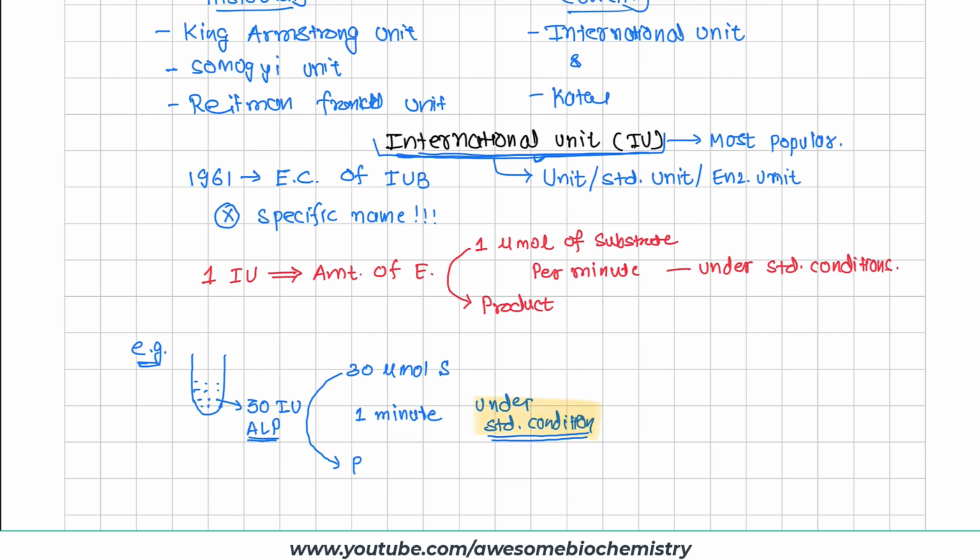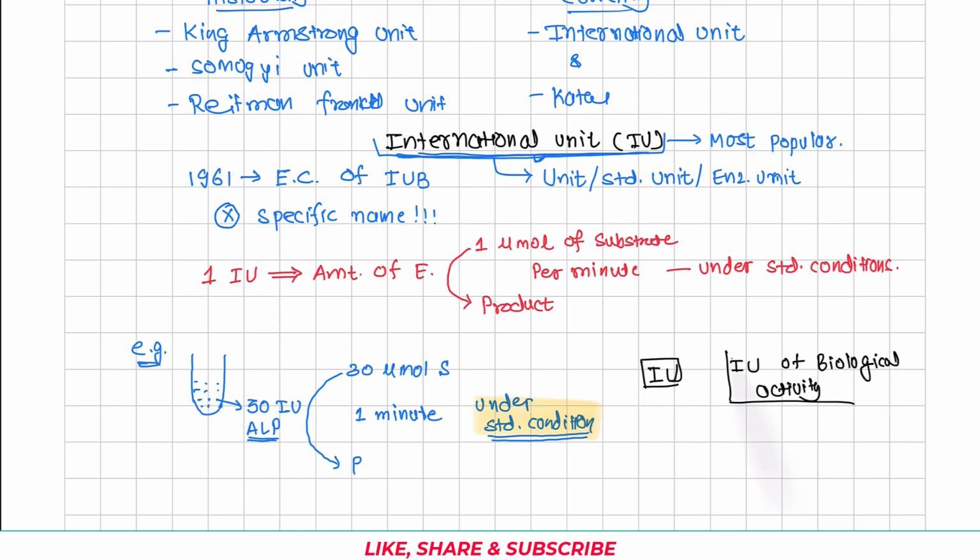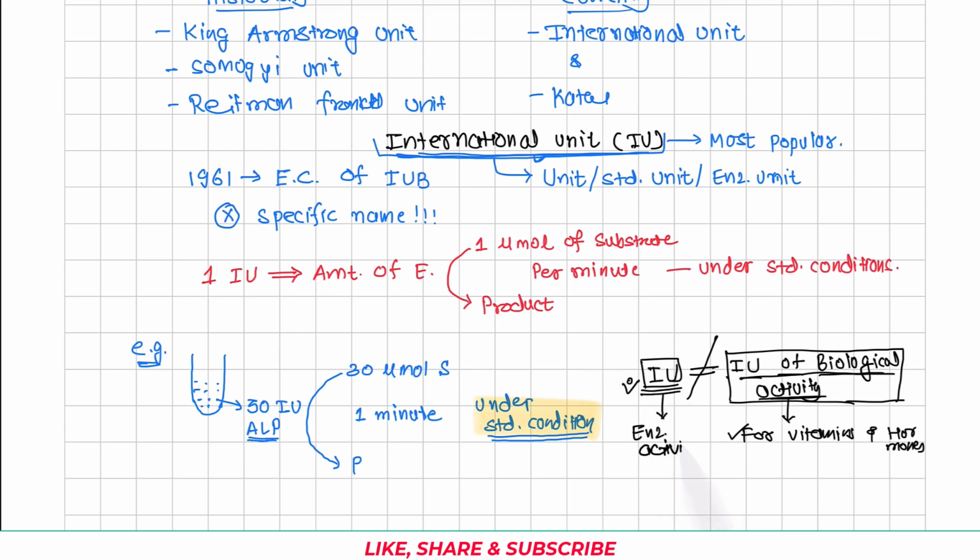One more thing, don't confuse this international unit with the international unit of biological activity. Both are completely different units. The international unit of biological activity is used for vitamins and hormones. It has its own separate definition, whereas this international unit is specific for enzyme activity only.